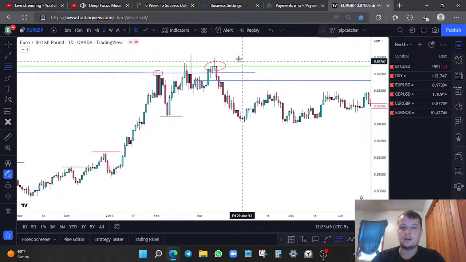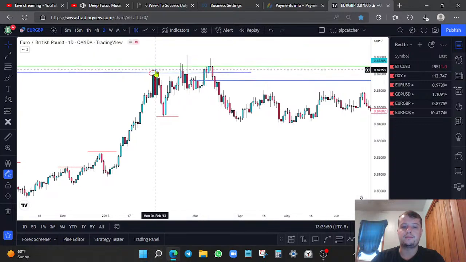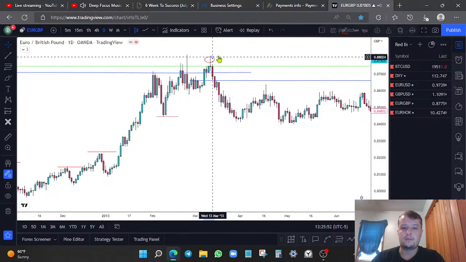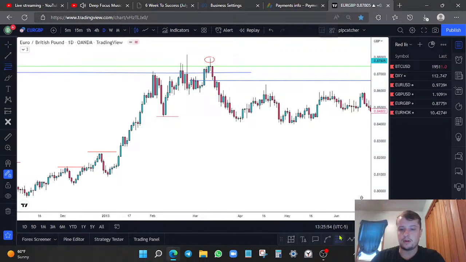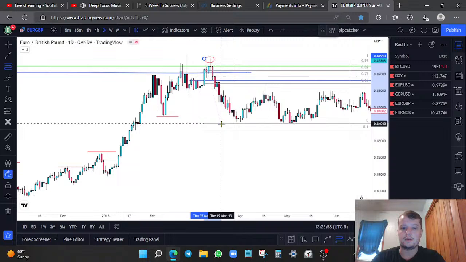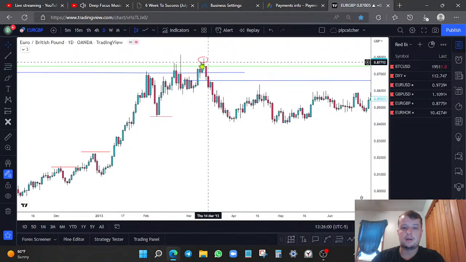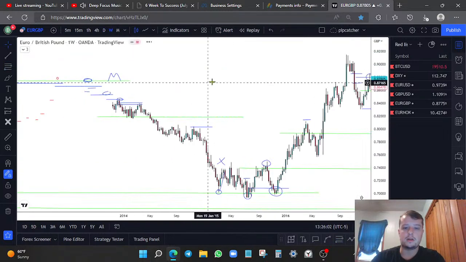Now here's something that you guys could use just for this example here. From the low, excuse me, from the high, go back to the weekly and see.